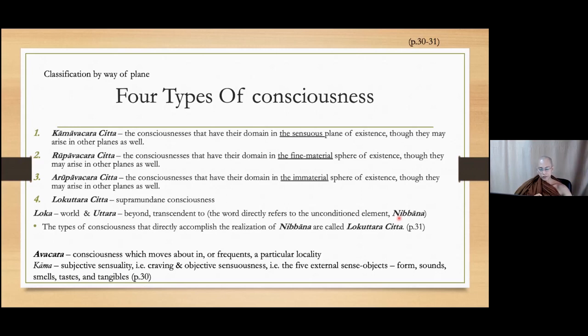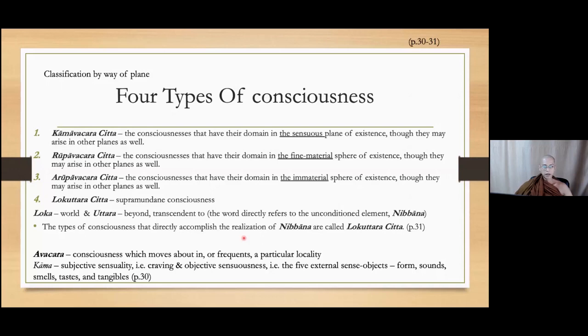It can refer to Nibbana. But not only Nibbana, the types of consciousness that directly accomplish the realization of Nibbana can also be called Lokuttara. So altogether, in this case, because we are talking about consciousness, and Nibbana is not consciousness, it is another category of ultimate reality.